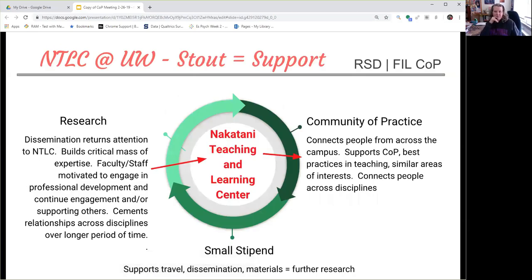So what happens for us here, and the way I got connected with Jessie, is we have something called the Nakatani Teaching and Learning Center. And they basically promote good quality teaching on the campus. And that's one of their missions.